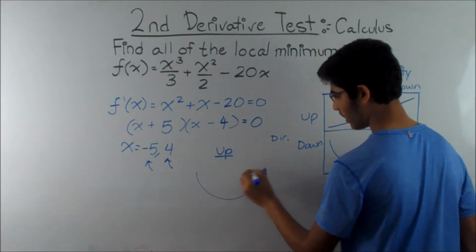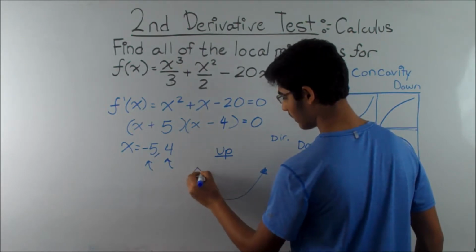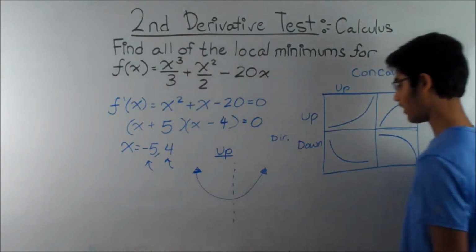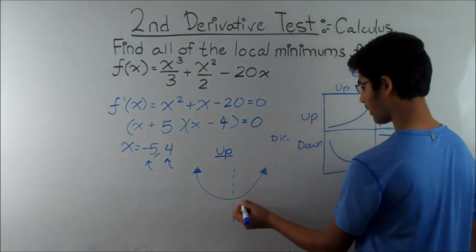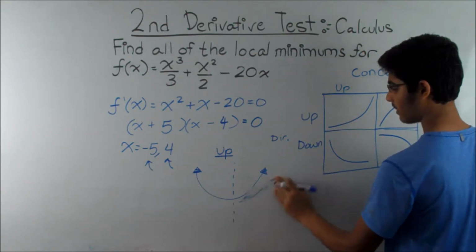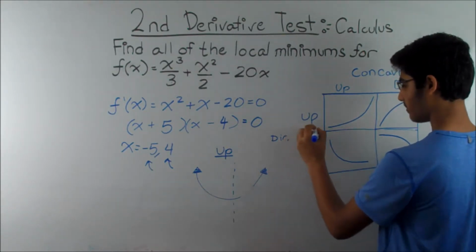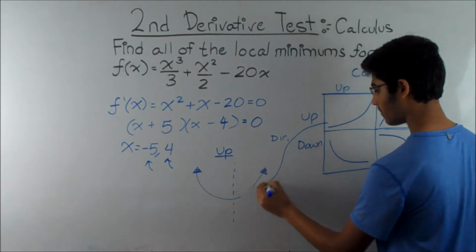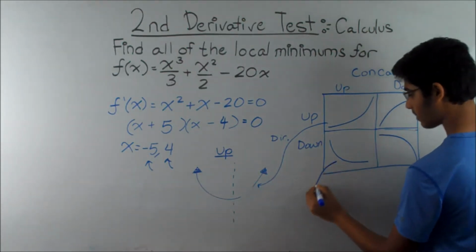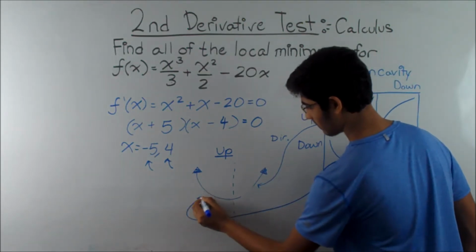So this would have to be concave up, because on this side, if we split this in the middle, on this side it would be concave up and increasing. So it would be this one. On this side, it would be concave up and decreasing. Like there.